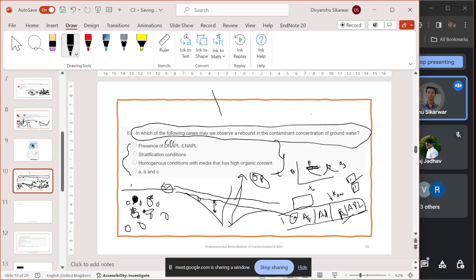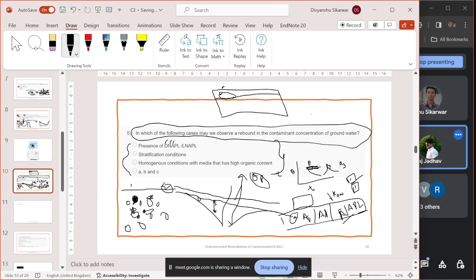How do we distinguish these two? If this is the groundwater level and this is our ground level, and we have some contamination of gasoline, like in petrol pumps where petrol and diesel are stored underground, and there is leakage from there into the soil and the gasoline goes into the water, is the density of gasoline higher or lower than water?